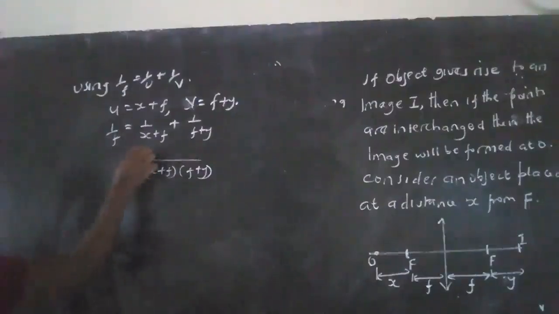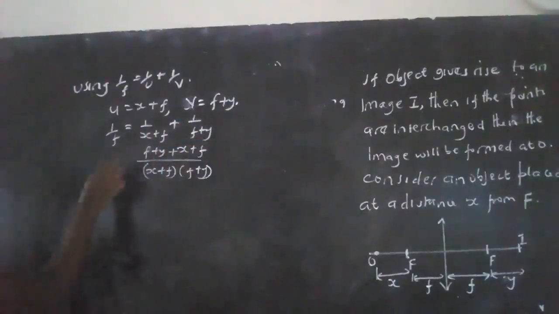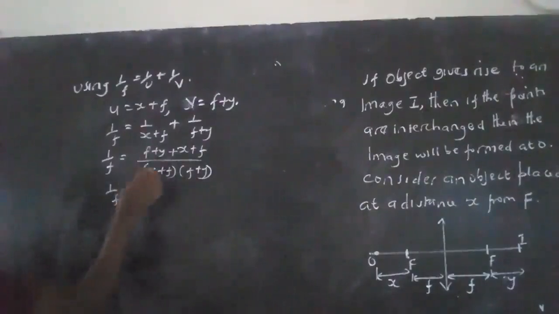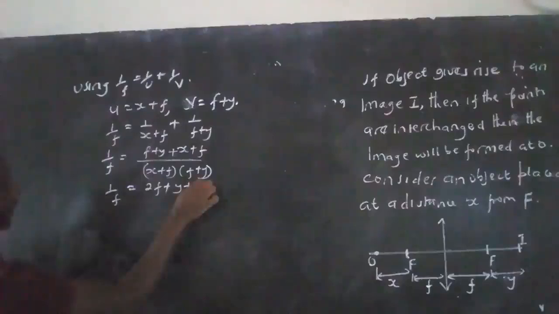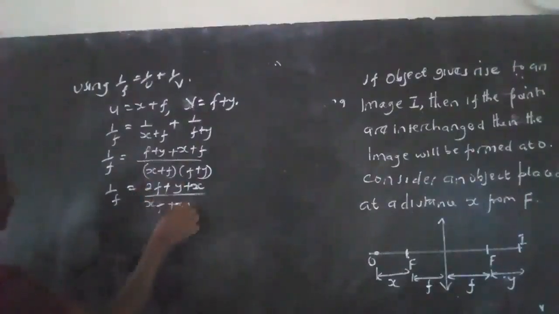When we substitute, we get f plus y plus x plus f, giving 2f plus y plus x, divided by xf plus xy plus f squared plus fy.